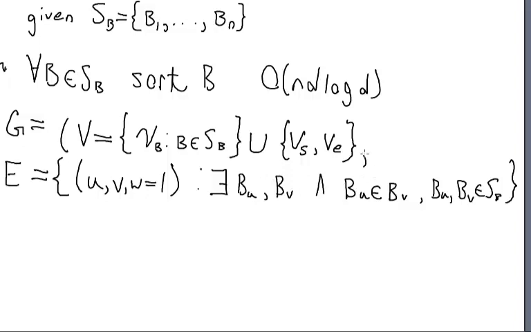the 2 boxes exist and box U is nested inside. We'll say that we're using this to say nesting. So BU has to be nested inside BV.